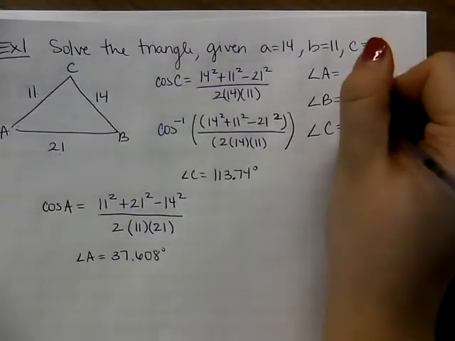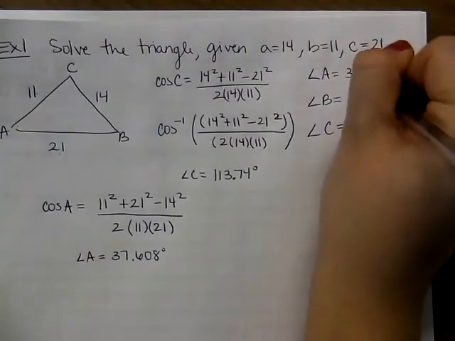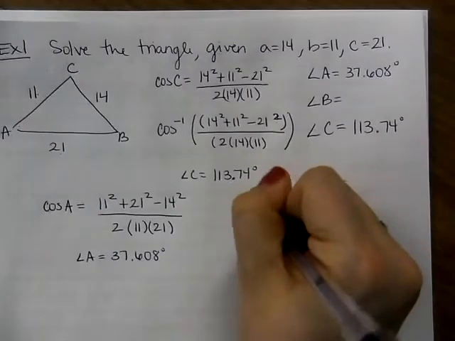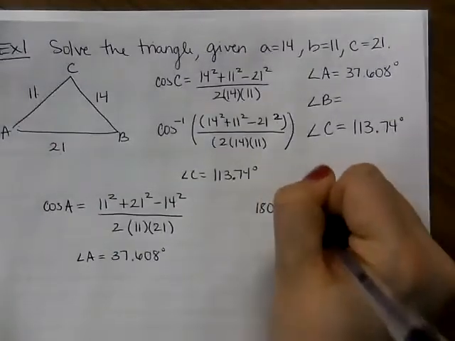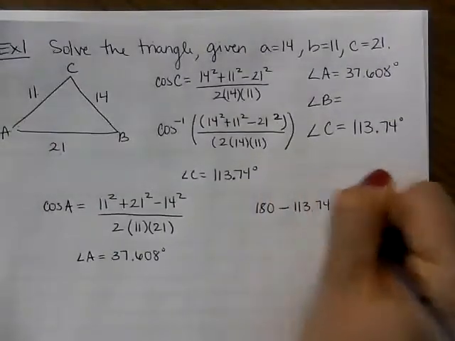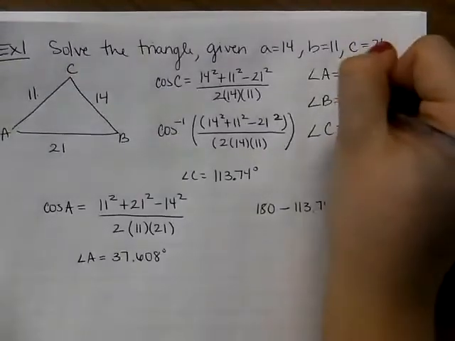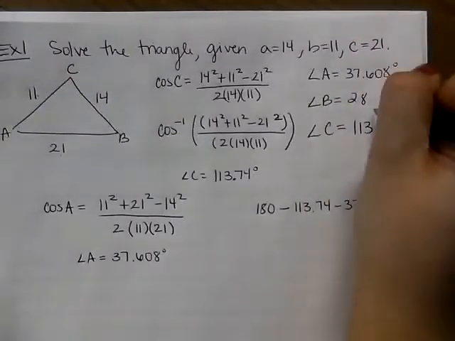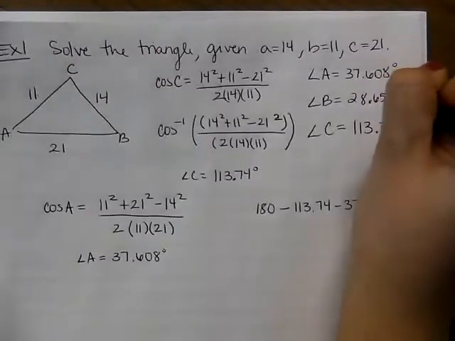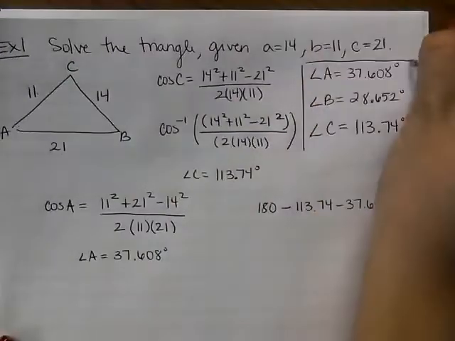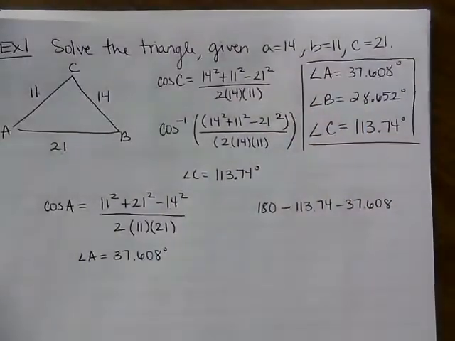To find the measure of angle B, can I just subtract them from 180? Right? So I don't have to do law of cosines again. So I'm just going to subtract the two angles that I found, and I'm going to get 28.652 degrees. And again, please put a box around your answers so that they're easy for me to find.